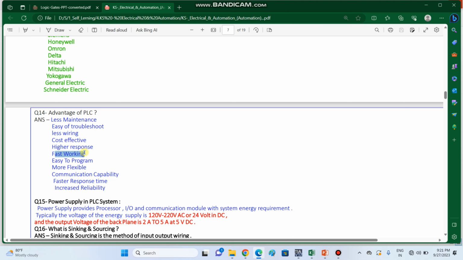Fast working. Compared to a relay or contactor based panel, a PLC panel is very cost effective with less wiring.